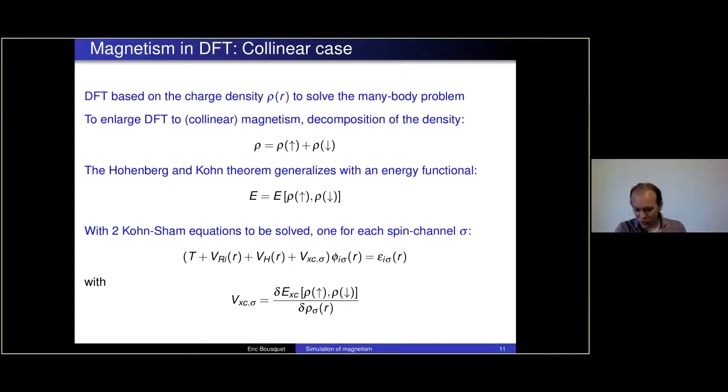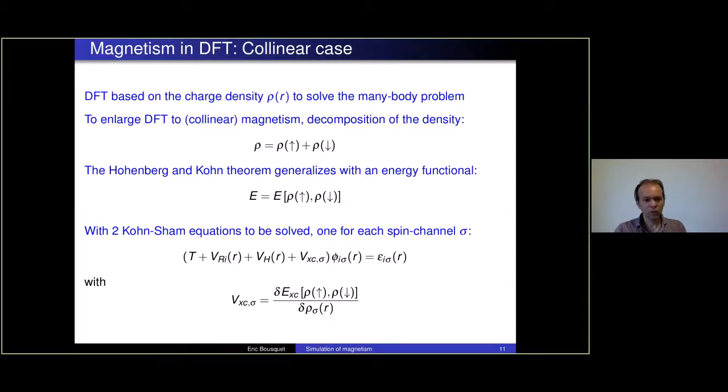I will not spend much time on that because Julien Varignon will discuss these different approximations in much more detail. But just remember that for magnetism, this exchange correlation functional is quite important, and any parameter you tune inside it will strongly affect the magnetism. That's why magnetism is much more difficult to simulate than a regular insulator or the electronic density.